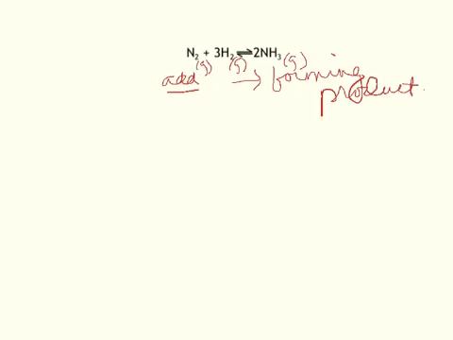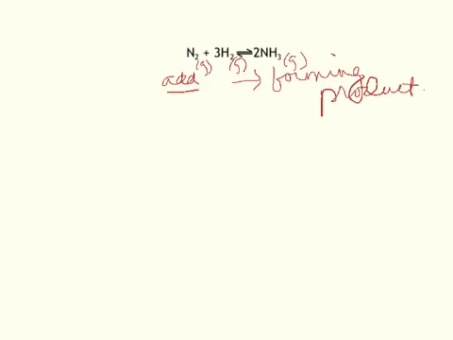So, anytime you add to the reactant side, if you're adding something that is a gaseous substance or an aqueous substance, then equilibrium is going to shift to remove that reactant by forming more product.